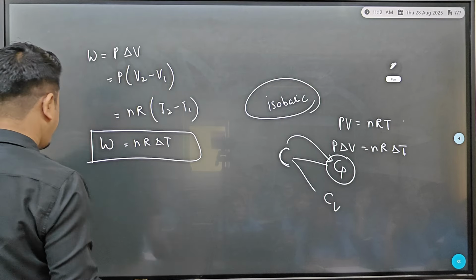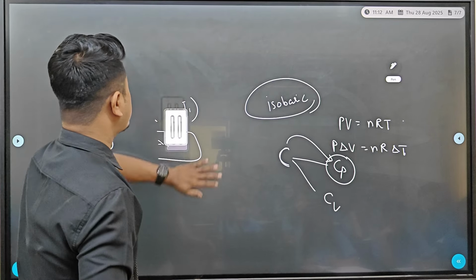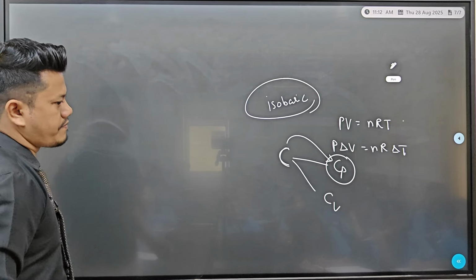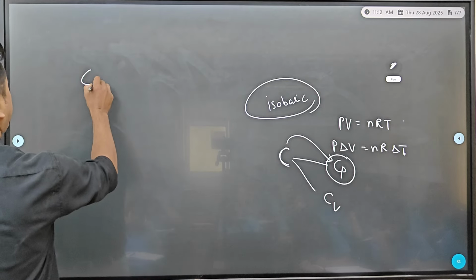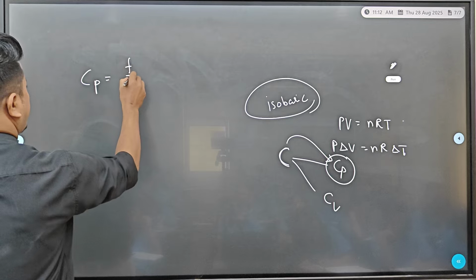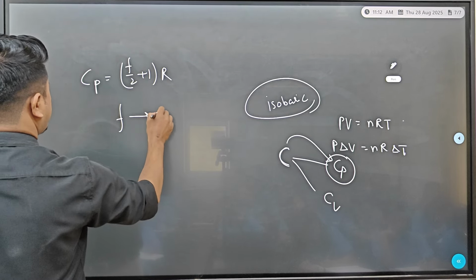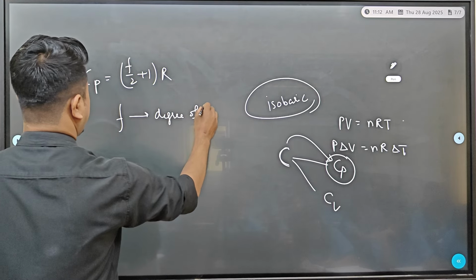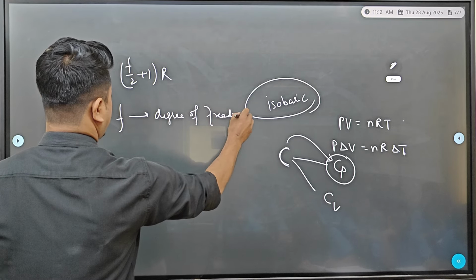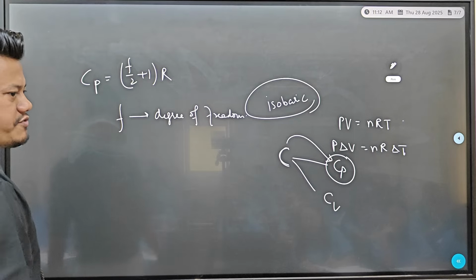So you just write specific heat at constant pressure is given by (F by 2 plus 1) into R, where F means the degrees of freedom. Got it? Degrees of freedom.